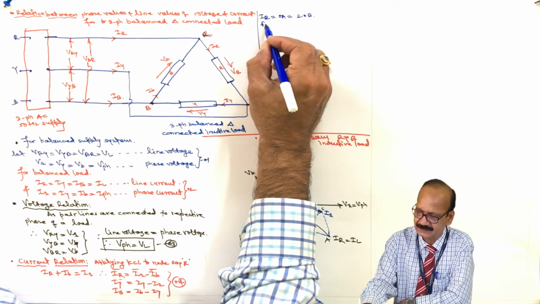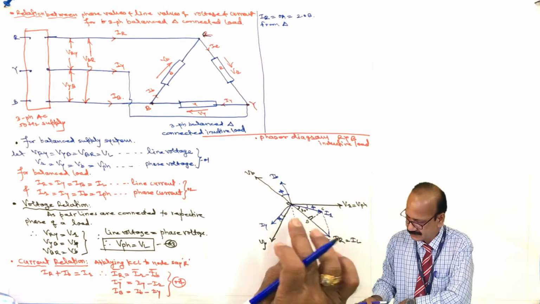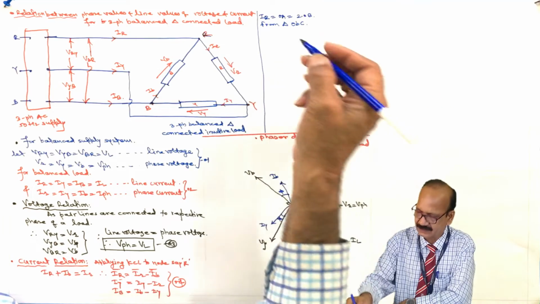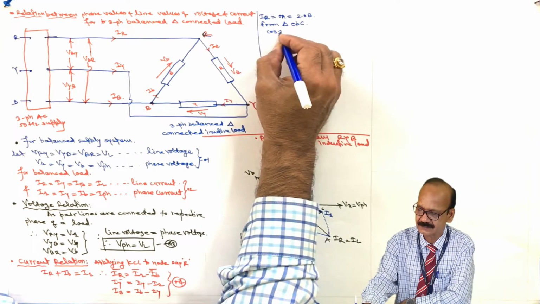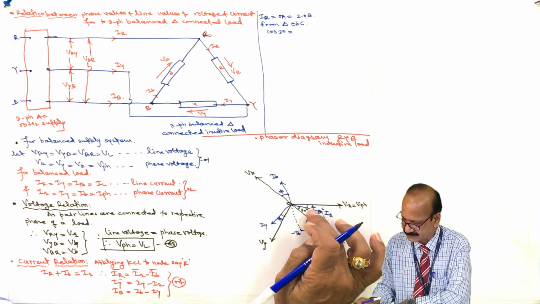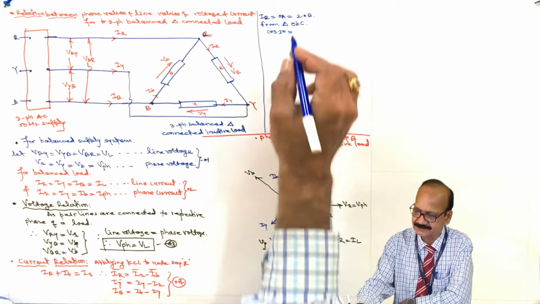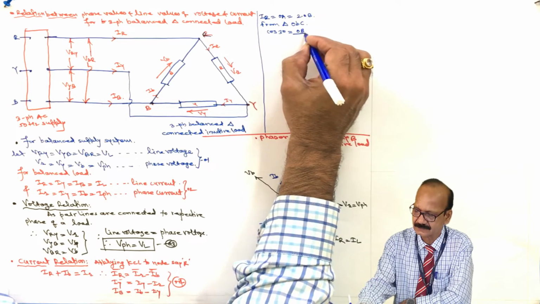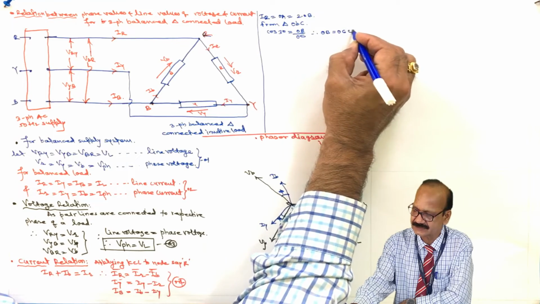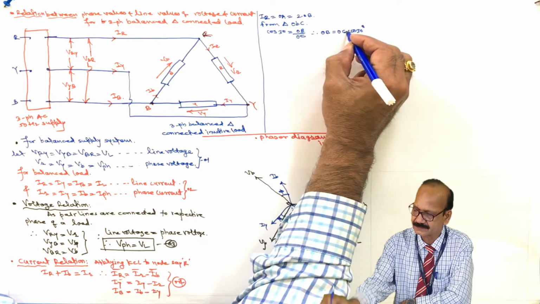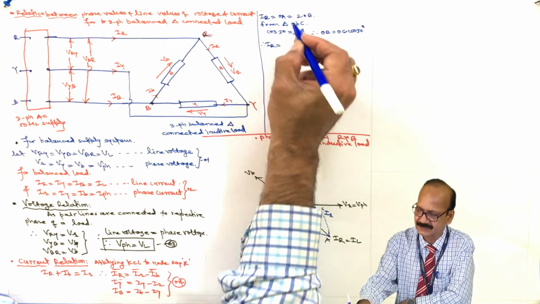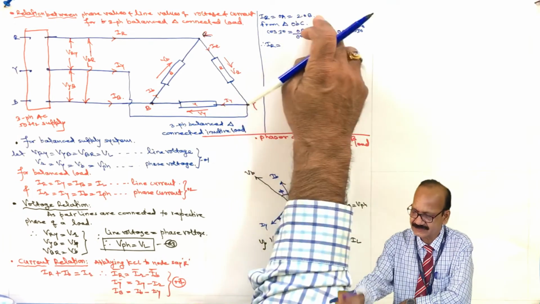Now from triangle OBC, cos 30 equal to, this is base, this is hypotenuse, so OB upon OC. Therefore OB equal to OC cos 30. Therefore capital IR equal to twice OB.